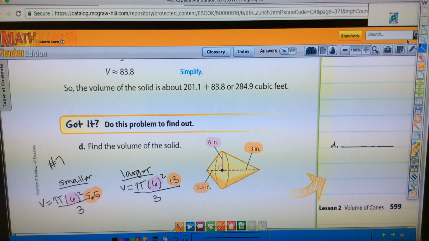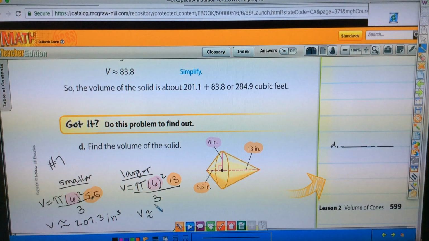Smaller cone volume, let's see, pi times 6 squared times 5.5 divided by 3 is going to give me 207.3. Volume is approximately 207.3. We're talking about inches cubed.